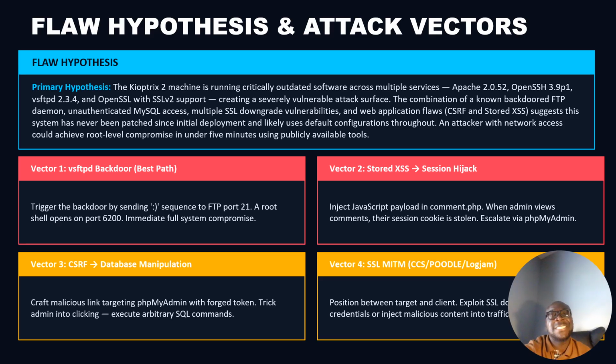As a secondary vector, the stored cross-site scripting could be used to steal administration section cookies if the attacker does not have direct network access. The cross-site request forgery and SSL man-in-the-middle attacks are valid but require more setup.